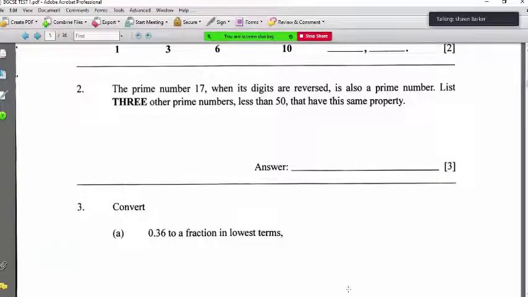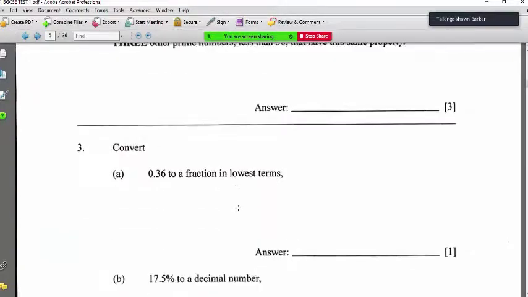If you look at number 3, number 3 is pretty straightforward and simple. Convert 0.36 to a fraction in lowest terms. When you're converting a decimal to a fraction, what you have to do is convert this decimal into a whole number. So how do I convert this into a whole number?